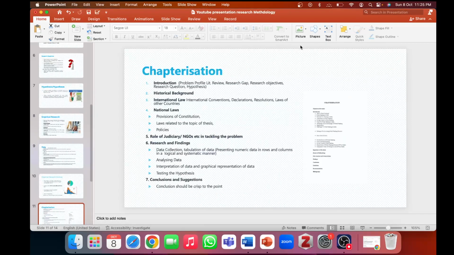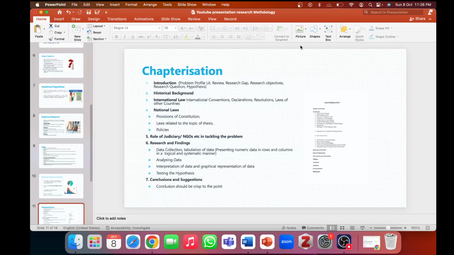Then comes chapterization. So you start with introduction, which includes problem profile, review of literature, research gap, research objectives, research questions, hypothesis, your summary of chapters. Then you write about historical background in the next chapter, whether the problem arose in ancient times or medieval or it is of recent origin. Then international law, which includes conventions, declarations, resolutions, laws of other countries.